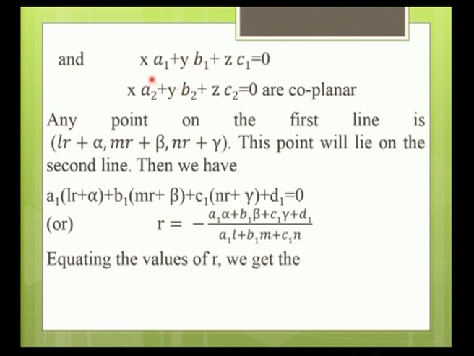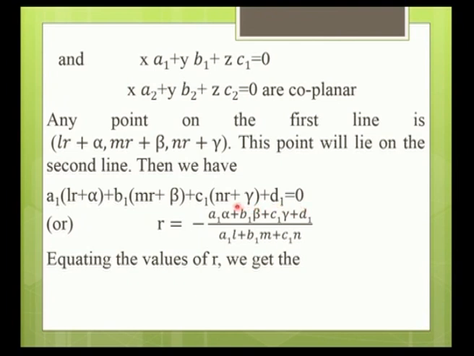The second line is A1x plus B1y plus C1z plus D1 equal to 0, and A2x plus B2y plus C2z plus D2 equal to 0. This is the second line. In this second line, this point also should lie. Then we get the condition A1(Lr plus alpha) plus B1(Mr plus beta) plus C1(Nr plus gamma) plus D1 equal to 0.